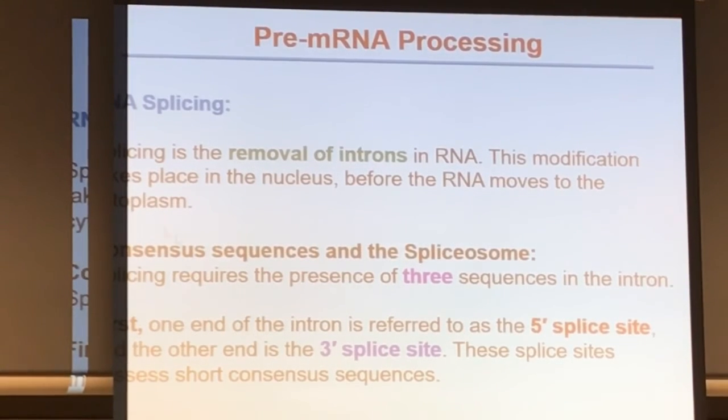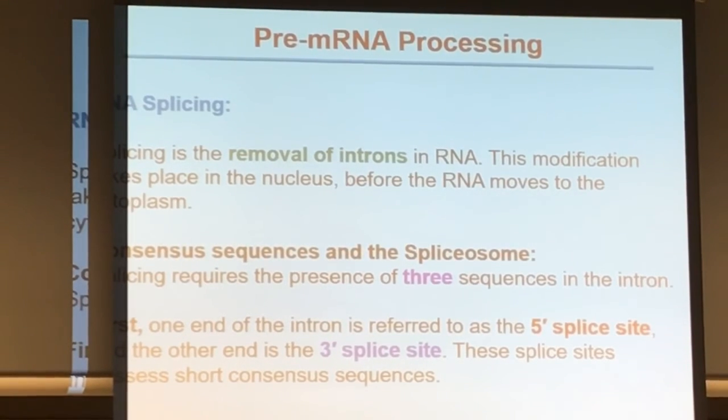Now these spliceosomes, which is machinery that cuts the RNA, they also recognize some small and short consensus sequences located within the messenger RNA itself. I'm not speaking about the Shine-Dalgarno sequence at the 5' end in bacterial messenger RNA, but you have other consensus sequences located before and after every intron within the messenger RNA.